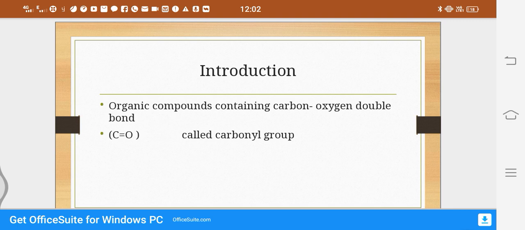Carbon is attached with a total of 4 bonds, its valency is 4. On the other side of this carbon, 2 other groups are attached, R and R dash.